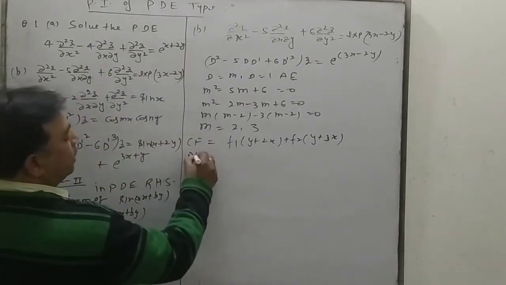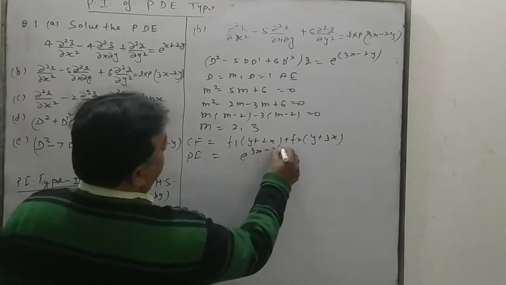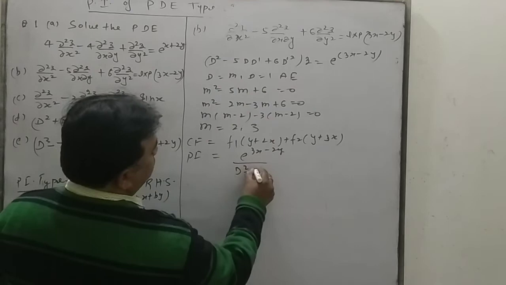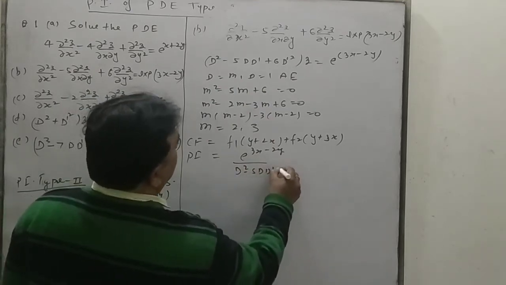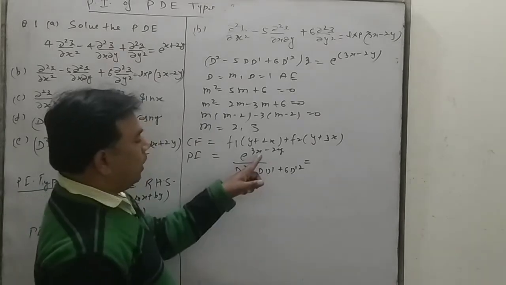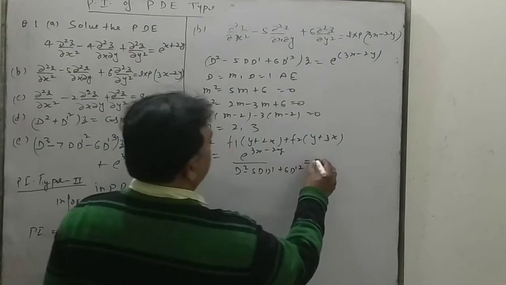After that PI, same procedure. PI equals e to the power 3x minus 2y upon the operator form D square minus 5D D dash plus 6D dash square. Put the x coefficient in place of D and the y coefficient in place of D dash.